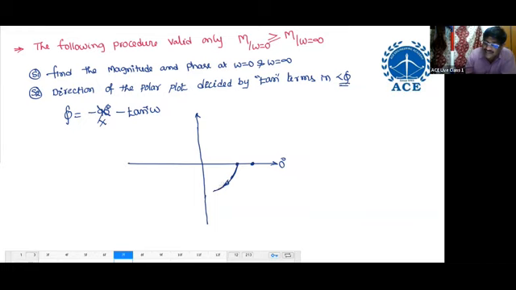Which direction is it moving? Clockwise direction.